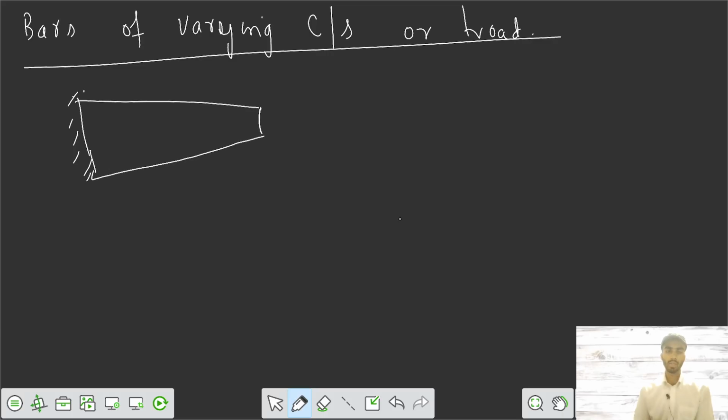It's a circular rod bar with a cap. So here is diameter D2, here is diameter D1. So it's varying. So your area at any section, the cross-sectional area, is varying. Or if, say, load is also varying.